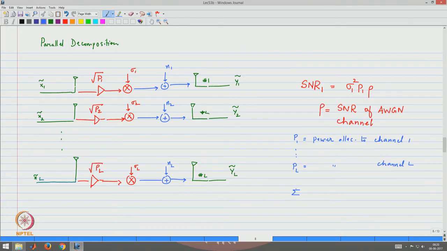So, we say that the summation over i equal to 1 through L of P subscript i must be less than or equal to some value P, which is the total power that is permitted in our transmission. So, this represents the total power that we are allowed to transmit, and what we are doing is dividing the total power into P1 through PL, where P subscript i denotes the power transmitted in each of those channels.